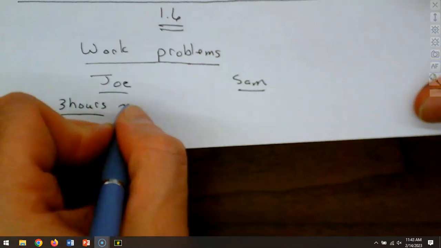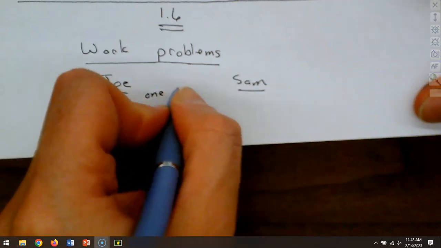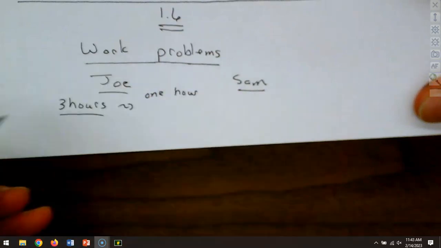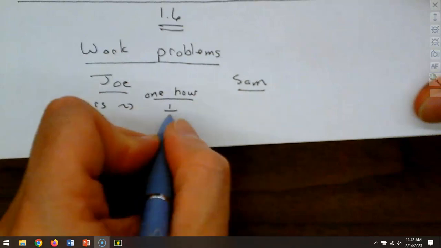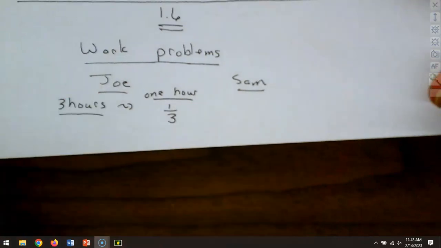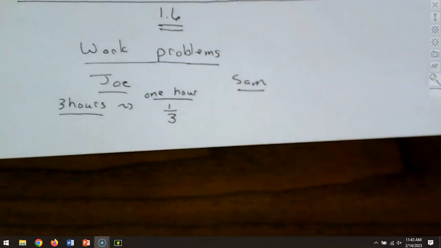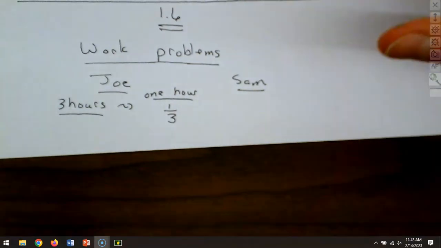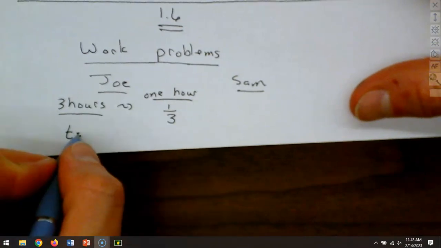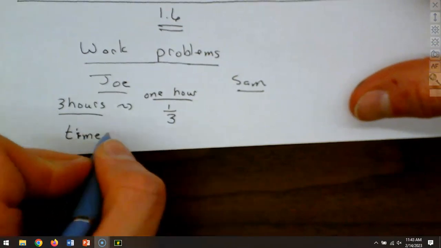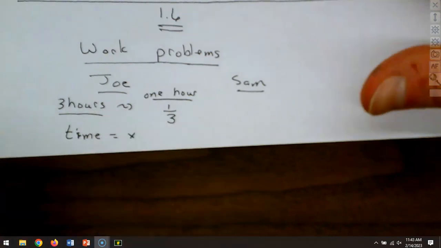So how much is done in 1 hour? Well, how much of this is done in 1 hour? If it takes him 3 hours, then 1/3 of it is done in an hour, right? So in 1 hour, he's painted 1/3 of this house. Do we know the time? No, we don't know the time of them working together. So our time is going to be X.